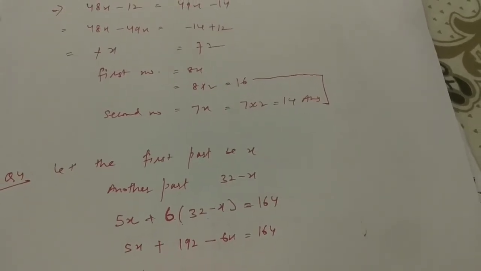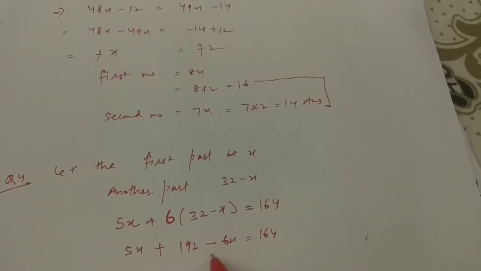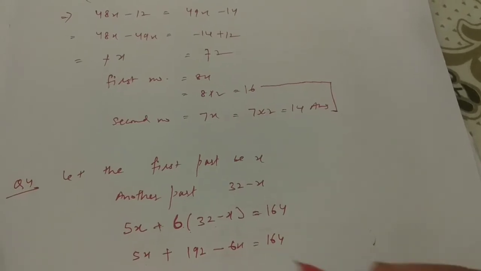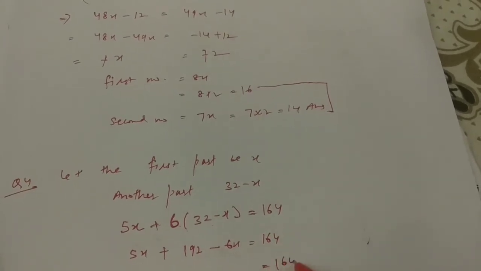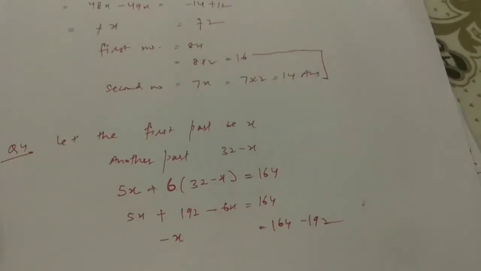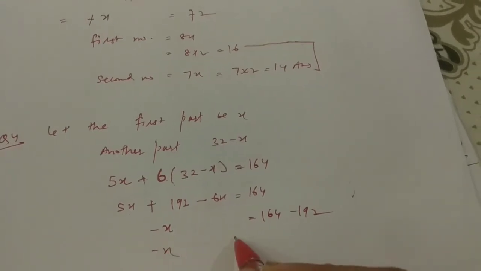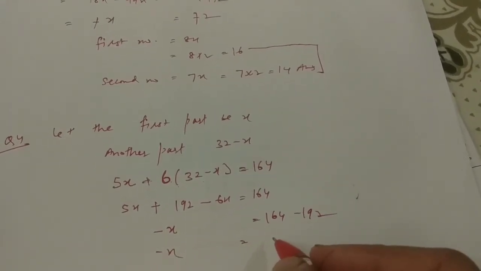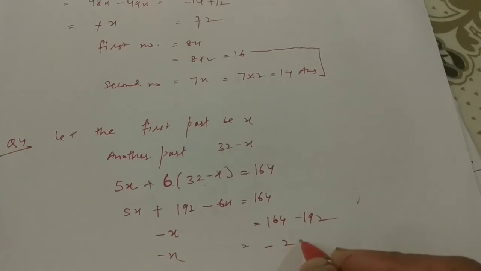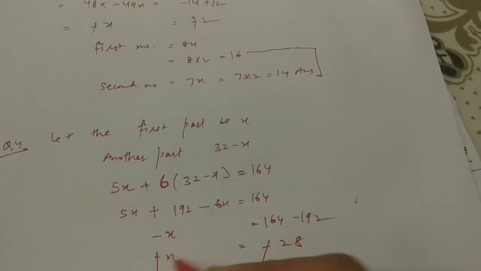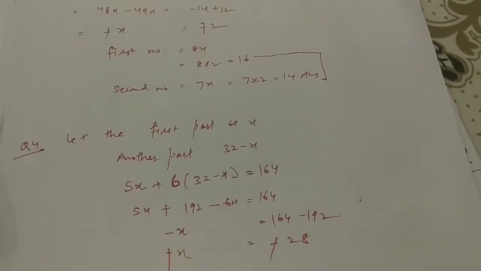Now here 5x minus 6x would become minus x, and 164 minus 192 will be coming out as minus 28. So minus x is equal to minus 28. These both minus signs will get cancelled.